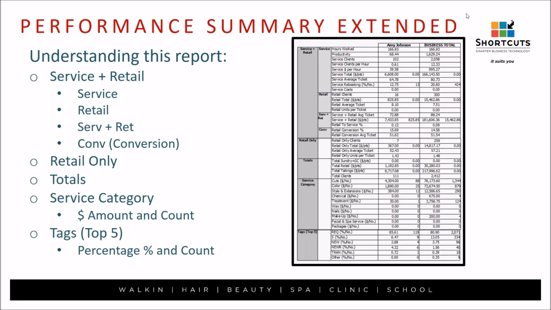It is a little bit different, this report, where instead of seeing the employee names on the left-hand side, you'll see the columns as being the employees. For example, Amy Johnson up the top. Then we're going down a little bit further. So this is again just breaking down the service categories, which area the employee has performed in and not performed in.